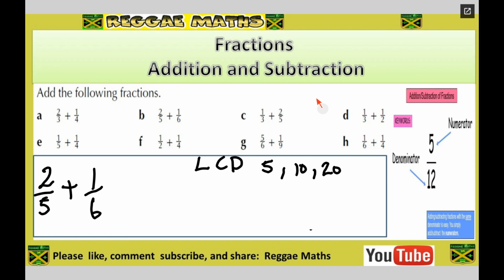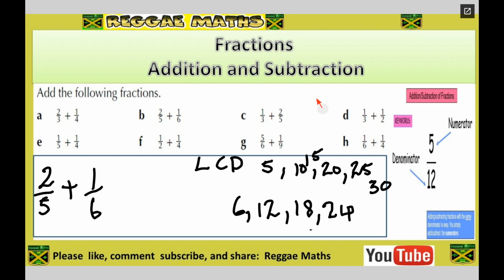I missed 15 out, so let's just add 15 in. For 6, we've got 6, 12, 18, 24, 30. So you can see here the lowest common denominator is 30.